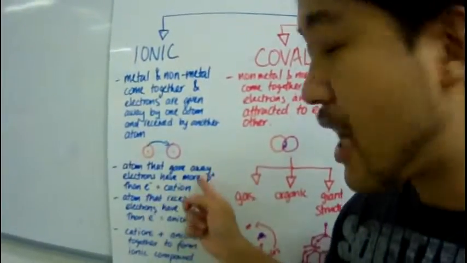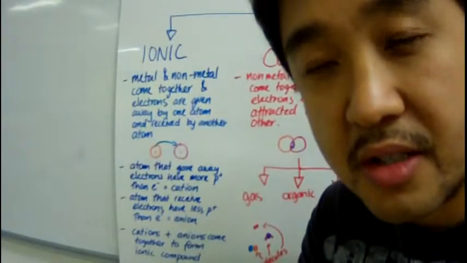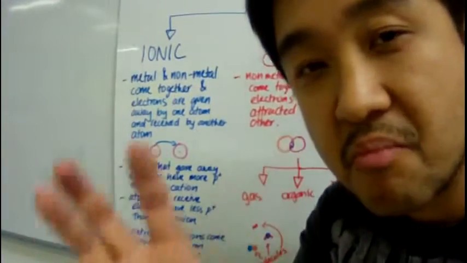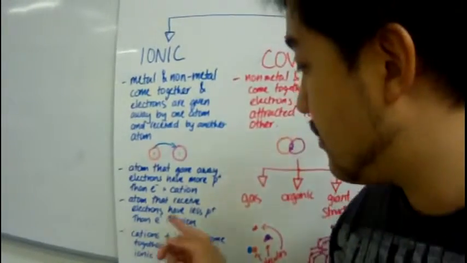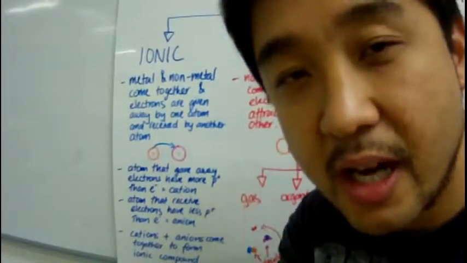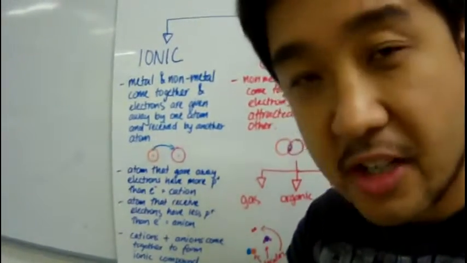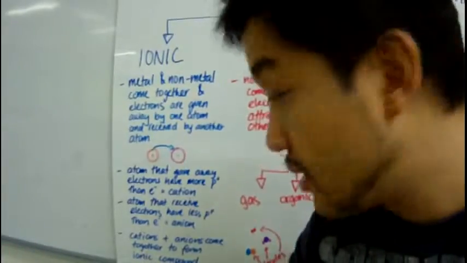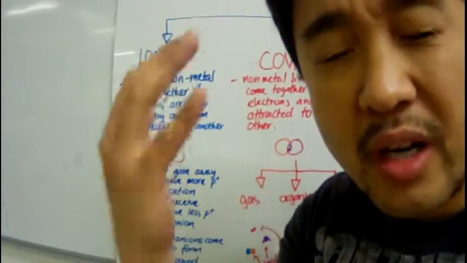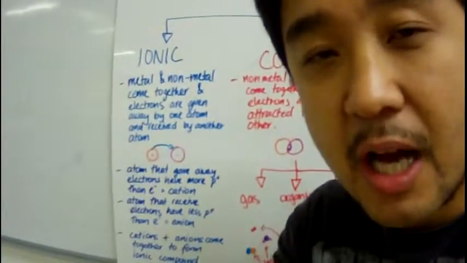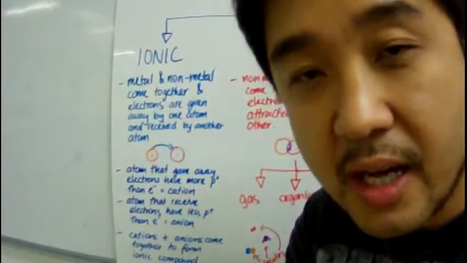Atoms that gave away electrons will now have more protons than electrons, and so it now becomes a cation, or a positive ion. Atoms that have received electrons from the metals now have fewer protons than electrons, and they become anions, which are negative ions.